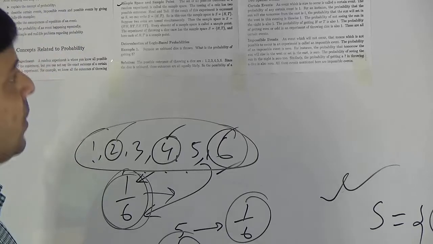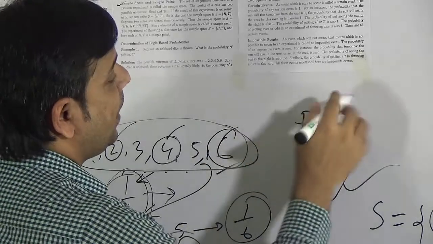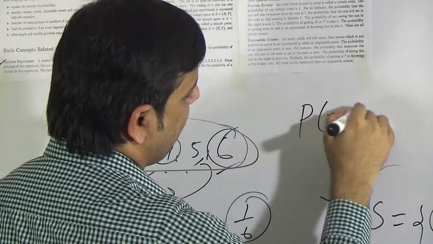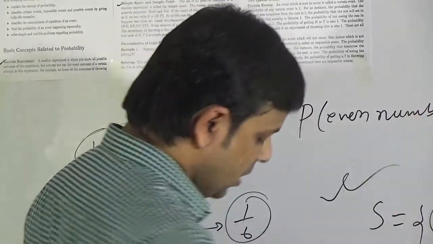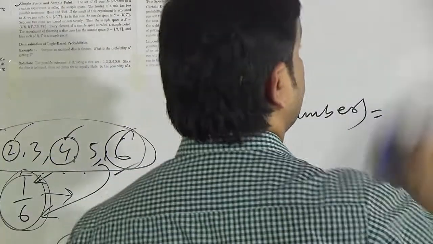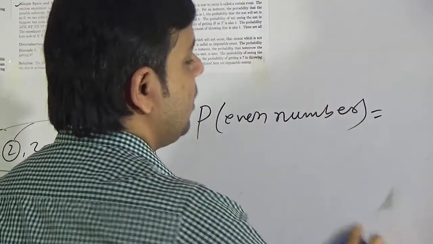So the probability of getting an even number, P of even number, will be equal to the favorable outcomes compared with the total outcomes.